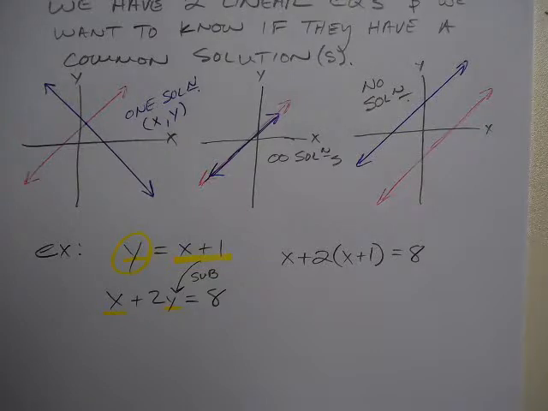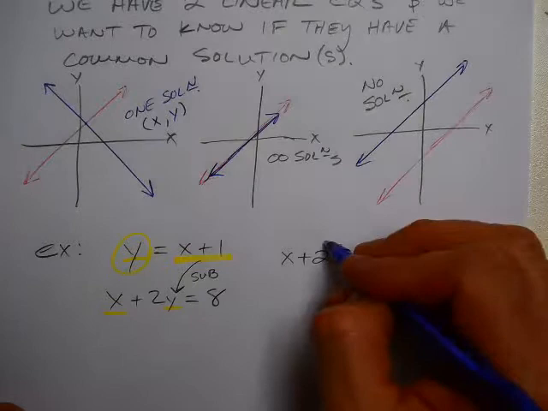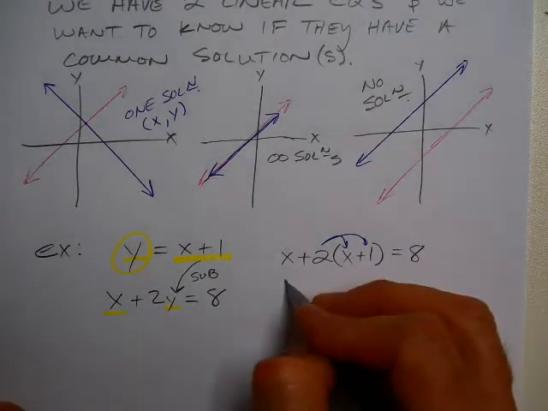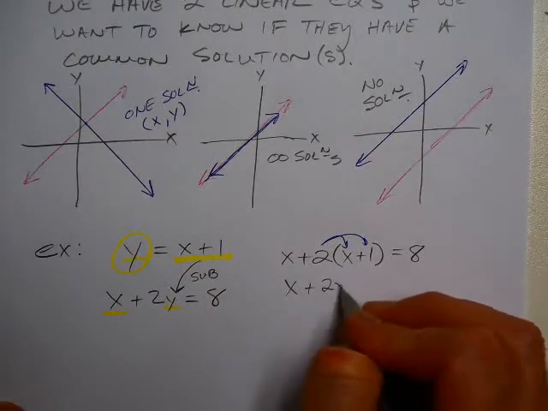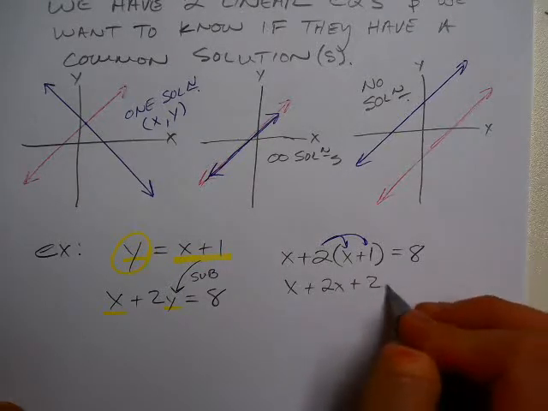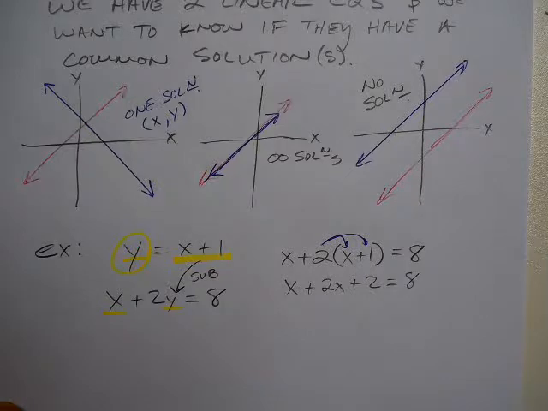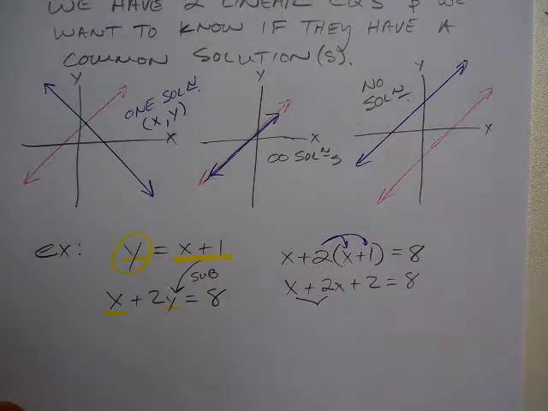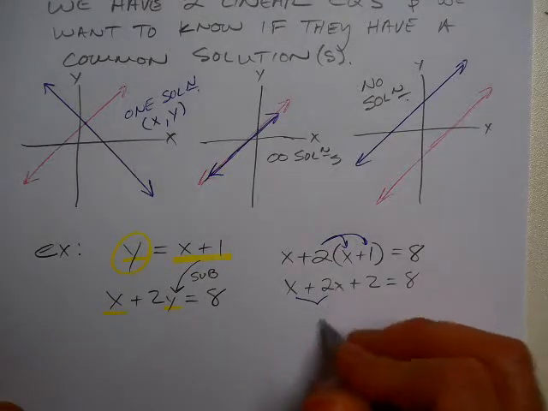Okay? So I'm going to distribute the 2. So I'm going to say x plus 2x plus 2 equals 8. And then if it were me, I'd put these two guys together. x plus 2x are on the same side of the equation, so I just add them together.